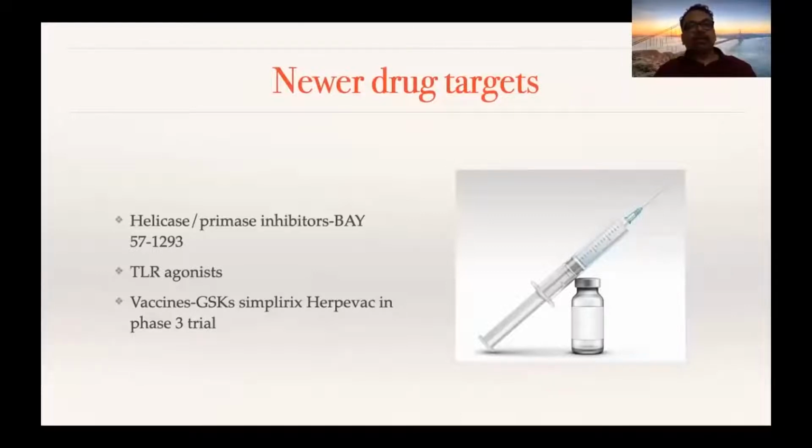Toll-like receptor agonists, which increase innate immunity, have also shown some promise. Therapeutic vaccines like Glaxo's Simplirix (Herpevac) are in phase 3 trials.